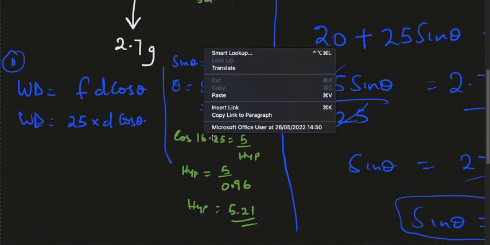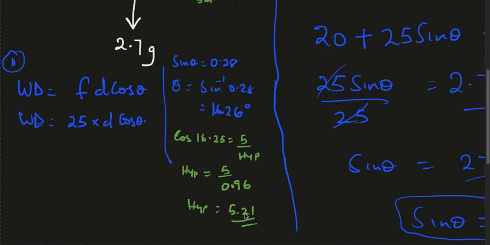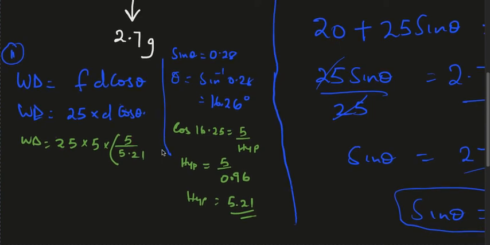Now since we know the hypotenuse, we shall say work done is 25 times 5 times cos, which is 5 over 5.21. 5 divided by 5.21 is giving us 0.96.